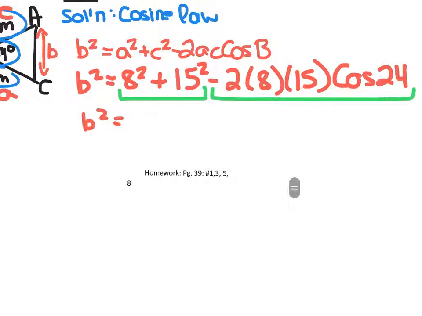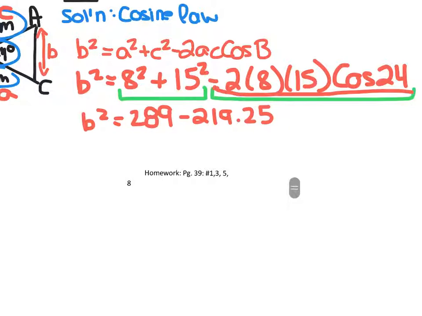We'll start with the first section: 8 squared plus 15 squared. We get a value of 289 when we put those together. Then we would solve negative 2 times 8 times 15 times cos 24, and I get a value of -219.25.